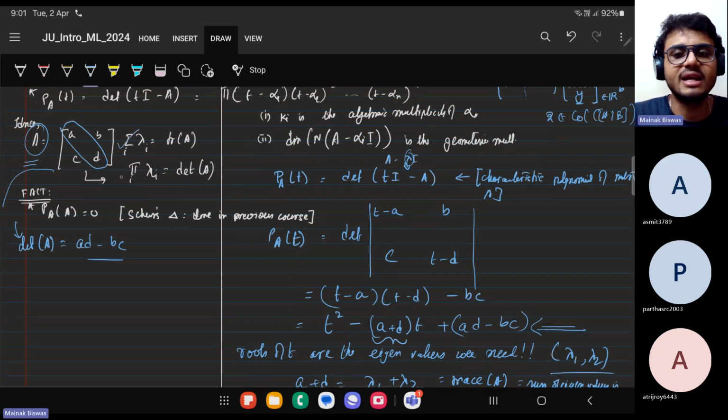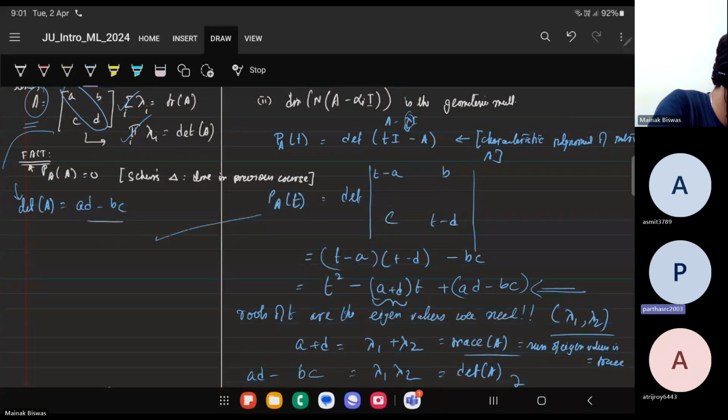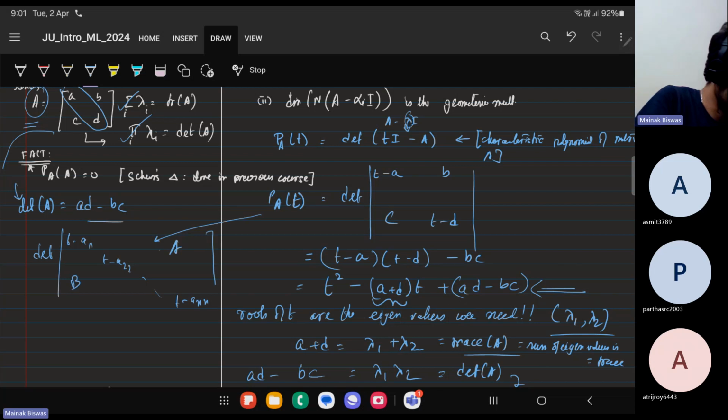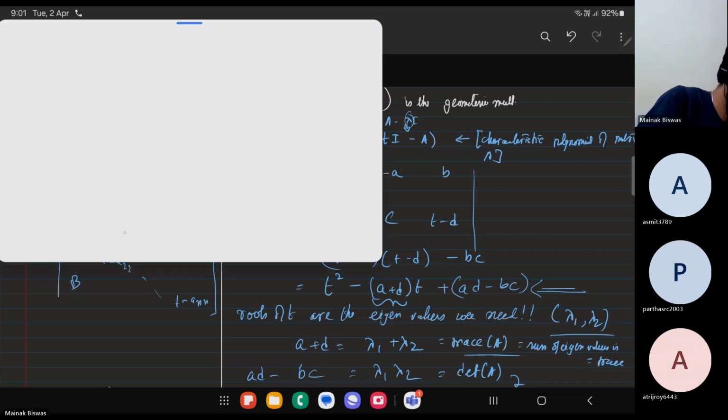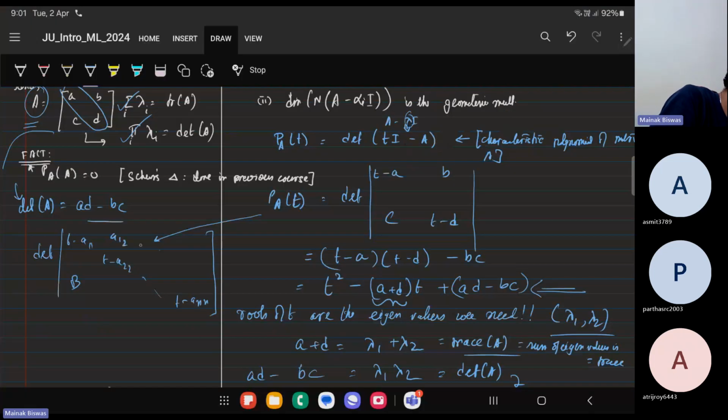If it's an n by n matrix, how many roots would you have? We would have n roots. The determinant of the matrix with t minus a11, t minus a22, up to t minus ann on the diagonal, and some sub-diagonal entries a12 up to a1n, an1.